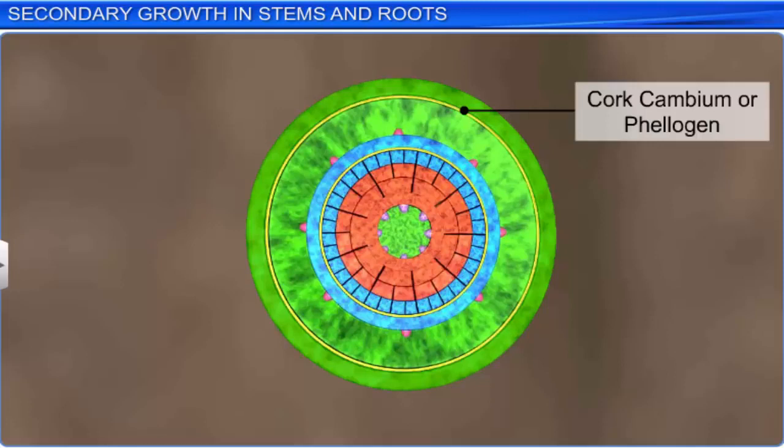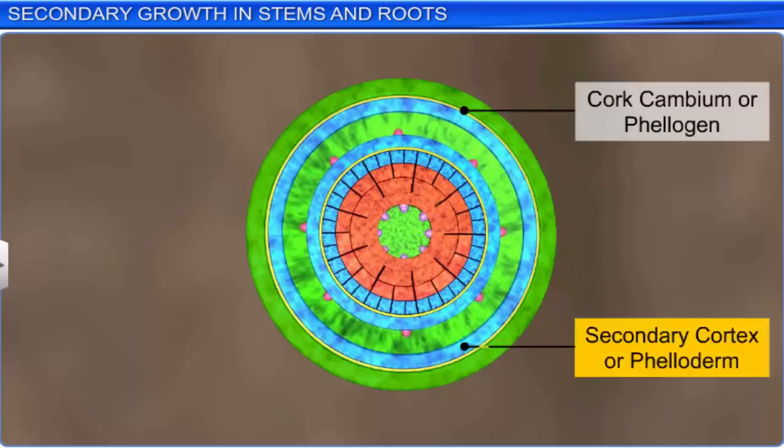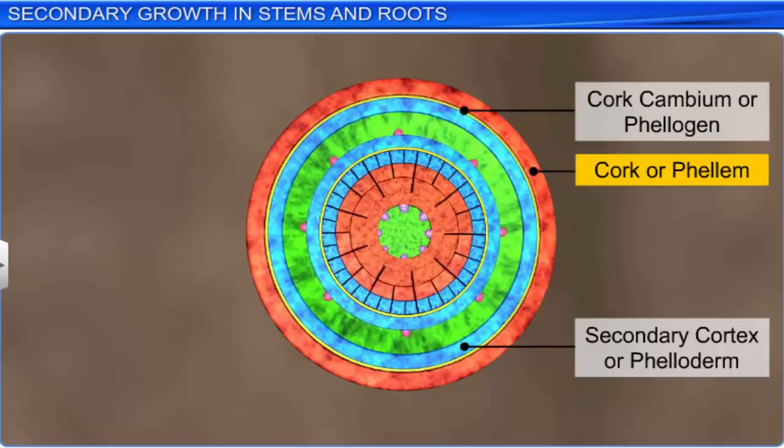As a result, the cells of the inner surface differentiate into the secondary cortex or phelloderm, while the cells of the outer surface differentiate into cork or phellem. Tissue resulting from secondary growth in the cortex, namely cork, phellogen and phelloderm, are collectively called periderm.